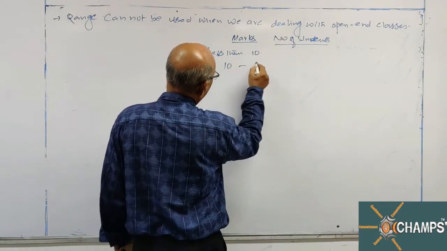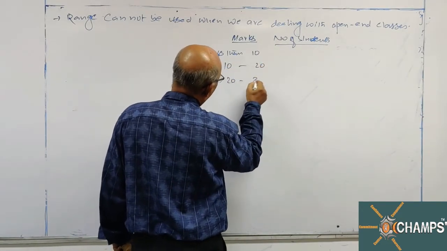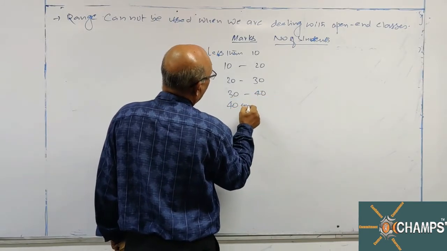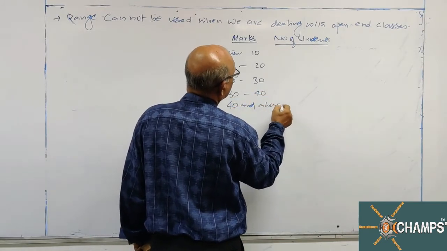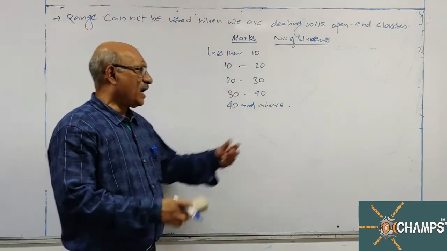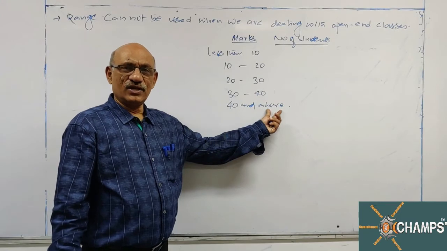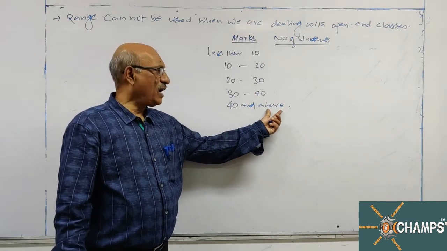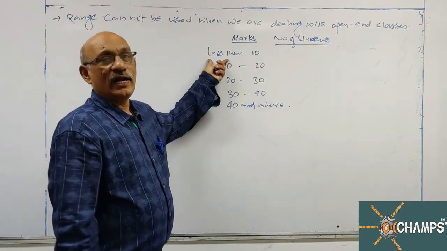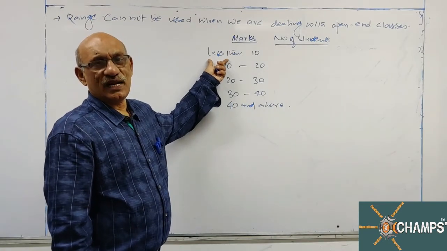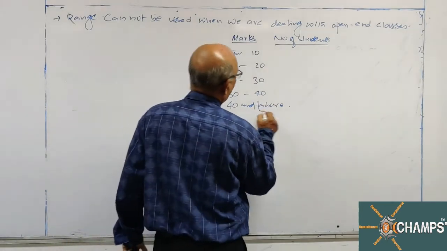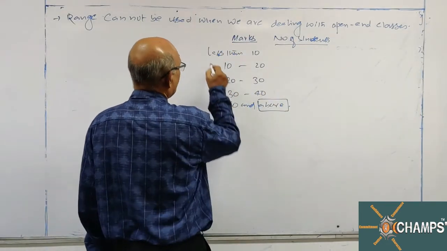Less than 10, 10 to 20, 20 to 30, 30 to 40, 40 and above. This way the upper limit of the highest class is not given, and the lower class boundary of the smallest class is not given. And we know range is dependent on these two values only.